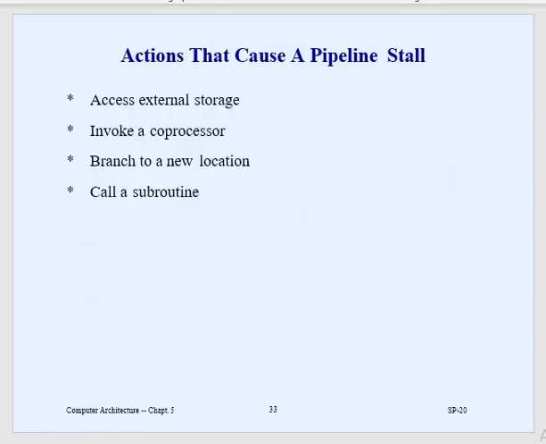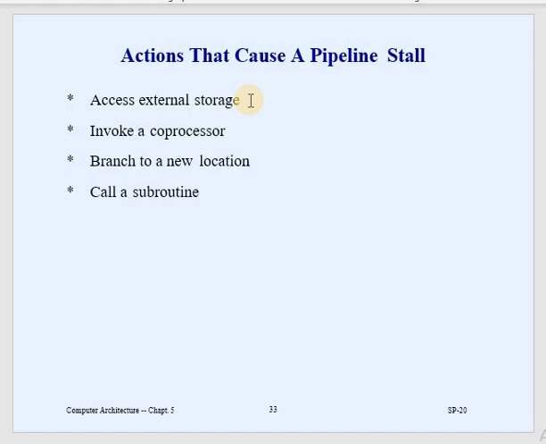Now let's discuss the actions that cause a pipeline stall. What are the causes? How does this stall come in the execution? The first point is accessing external storage. As a rule of thumb, all external storage is very slow compared to the processor's internal registers.